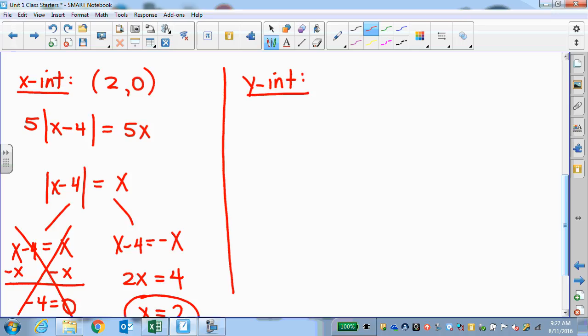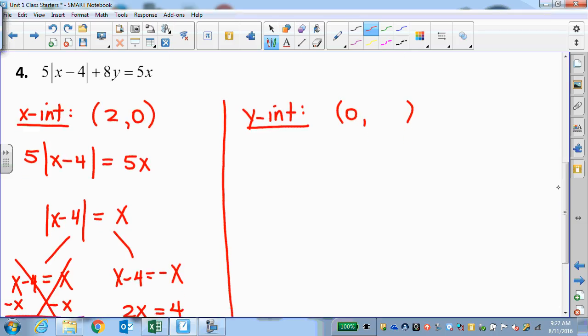Our y-intercept, we'll plug in 0 for x. All right, when I plug in 0 for x, I've got 5 times the absolute value of 0 minus 4, which is -4. So that's just going to give me 4 plus 8y equals 5 times 0, which is 0.